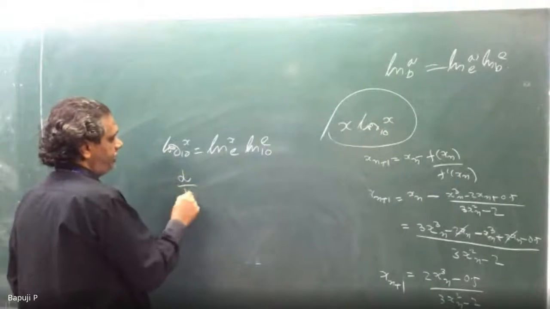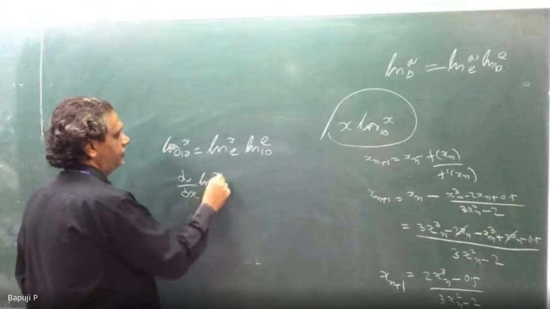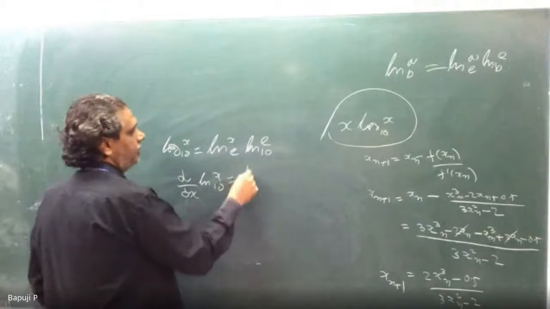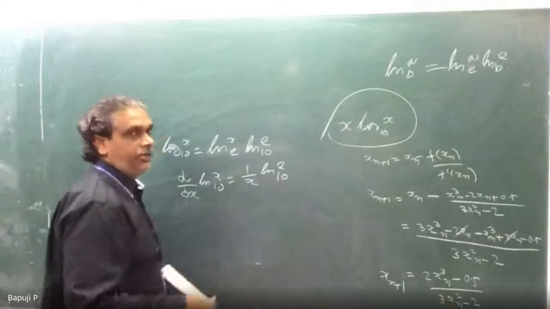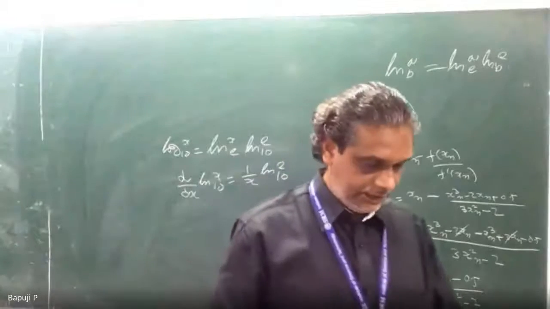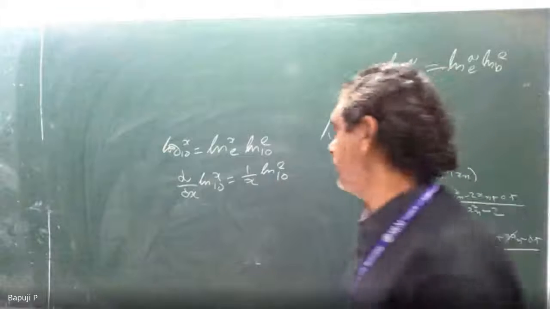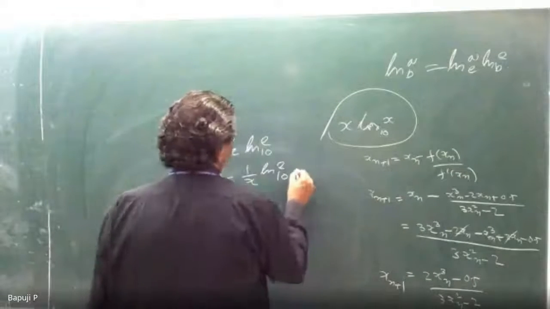Differentiation of this, what will you get? 1 by x log e base 10. Log e base 10 is 0.4343. So I can write this.